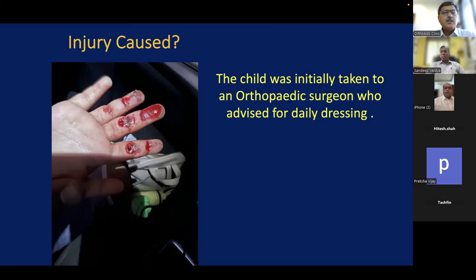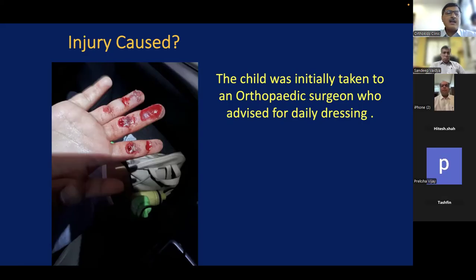Exactly. So the first thought which came to our mind: our patient went to a general orthopedic surgeon. He dressed it, and he said that there is an associated undisplaced fracture, and that you better take the opinion of a pediatric orthopedician. When we asked, the child was doing a little bit of flexion, but I did not expect any other injury, seeing these superficial injuries and the child moving.